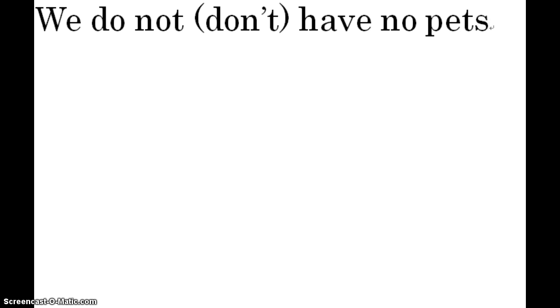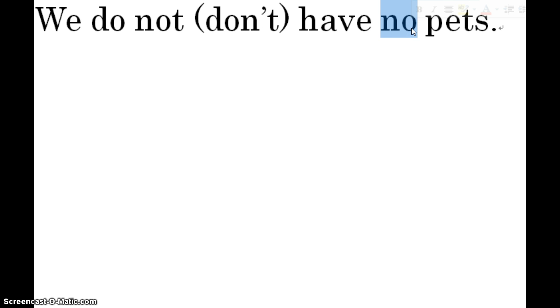For example, in the sentence, we do not, or we can say don't, right? We do not or we don't have no pets. Well, here actually the word no is used incorrectly.